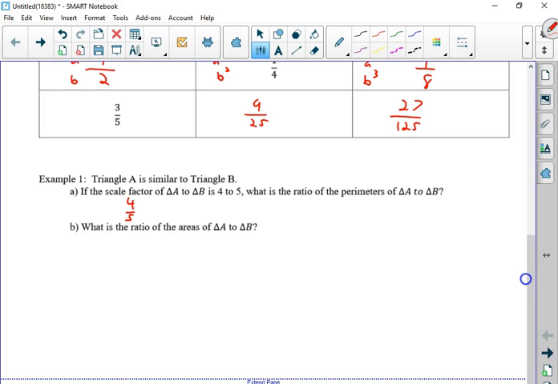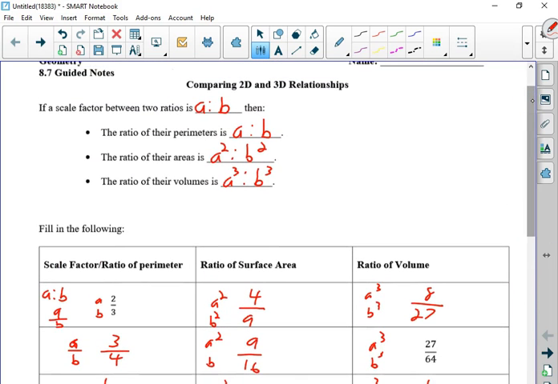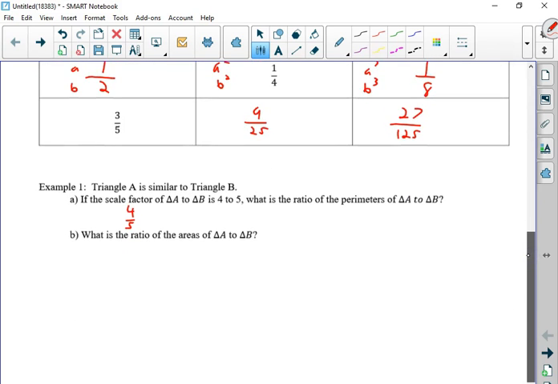It's going to be 4 to 5, because the scale factor is the perimeter ratio. So we go back up here, remember it says, if the scale factor is A to B, the ratio of the perimeters is A to B. It's the same thing. And then the areas are going to be 4 squared over 5 squared.